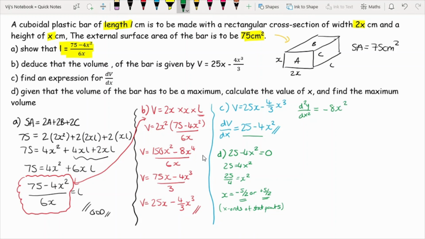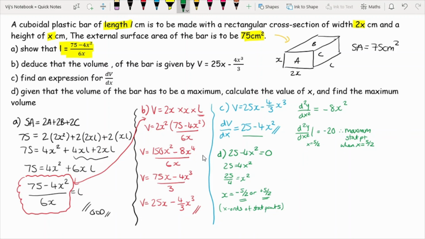So what we then need to do is substitute our numbers in. So I've got d squared v over dx squared, and then I'm going to substitute 5 over 2. It's positive, so that's going to equal minus 20. So there I have got my maximum stationary point, when x equals 5 over 2.